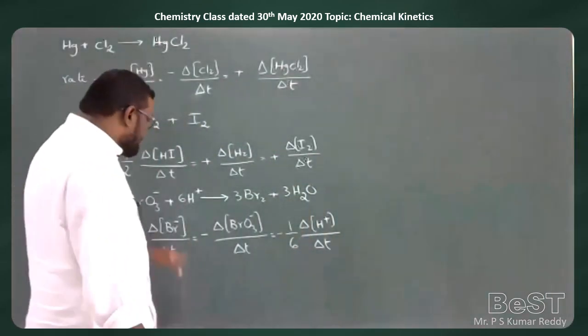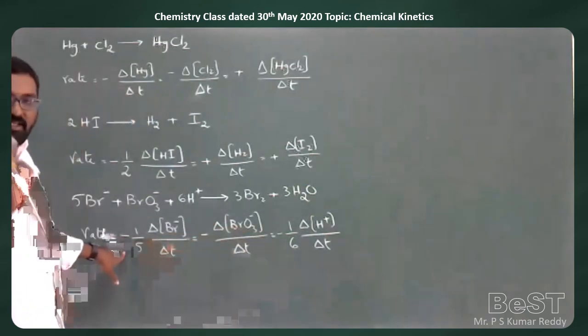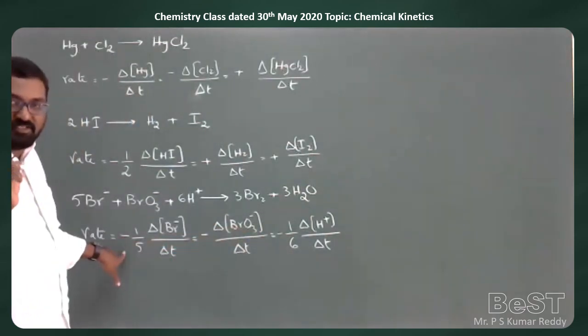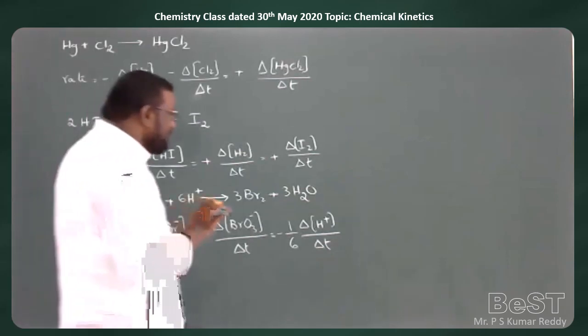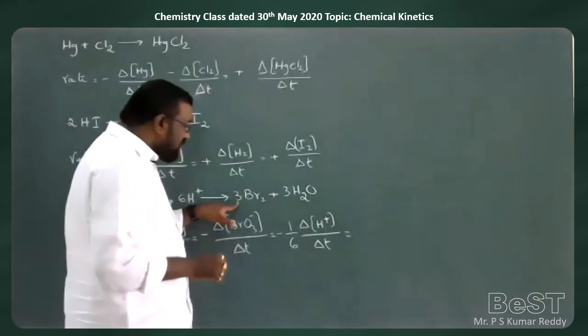In the same way, here minus. Why are we using minus? Because there is a decrease in the concentration of the reactants. Reactants always decrease in concentration during the reaction process. When coming to products, here the stoichiometric coefficient is 3.